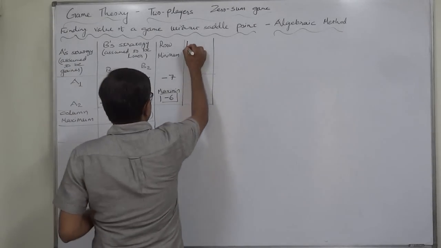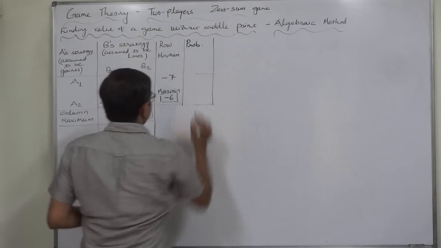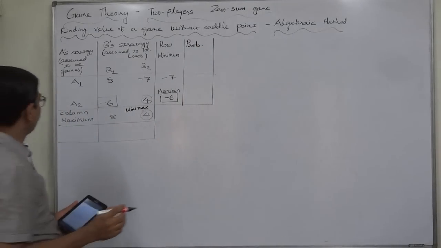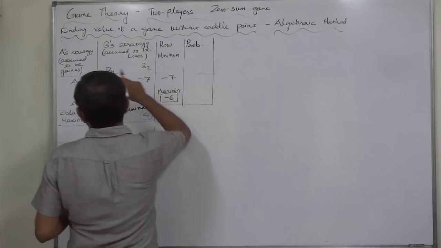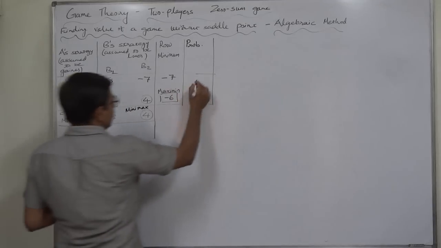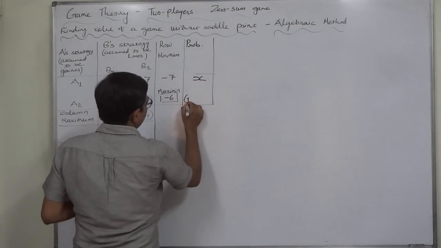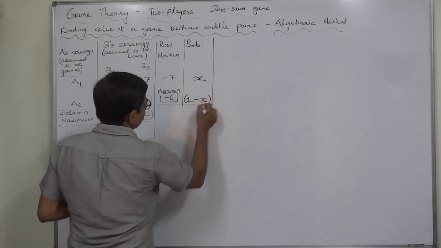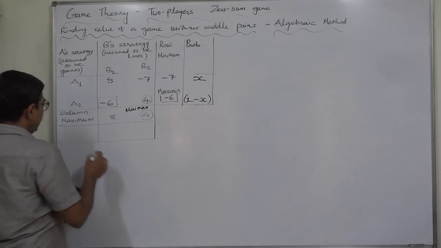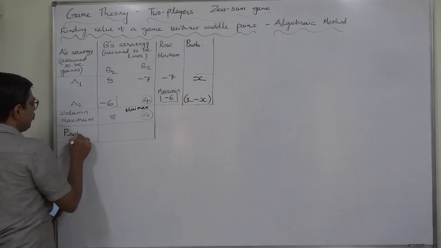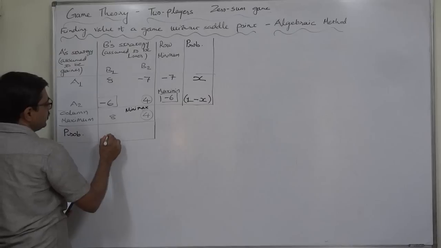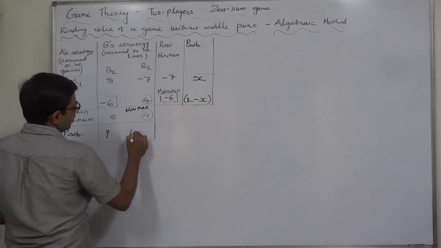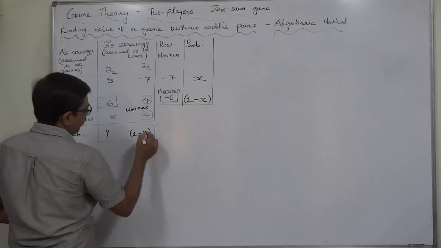Now let's proceed and suppose the probability of A using strategy A1 is x and using strategy A2 is 1 minus x. In the same way, the probability of B using strategy B1 is y and that of B2 is 1 minus y.